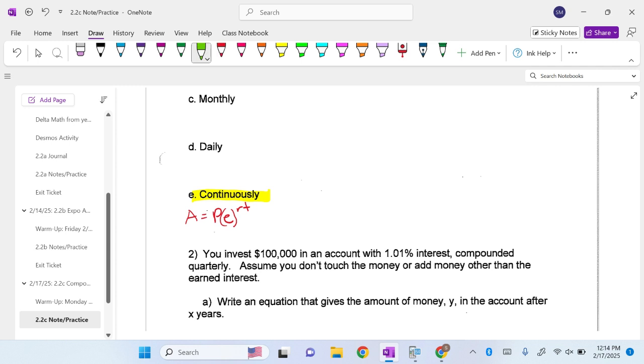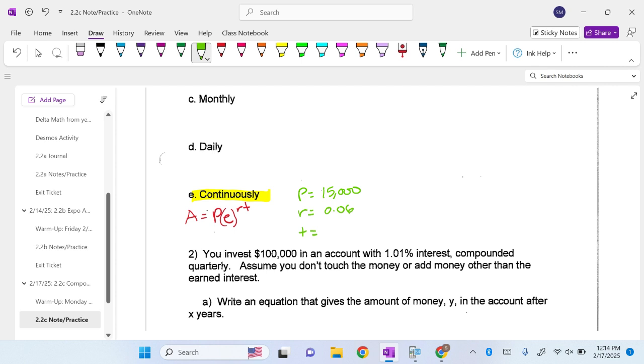Now, let's figure out the rest of my stuff. What's my P value here? What do I start with in this scenario? 15,000. What's my R in this case? 0.06 or 6%. What about T?